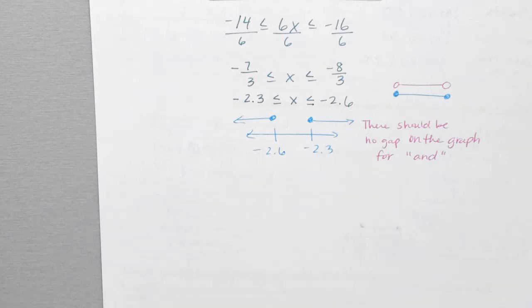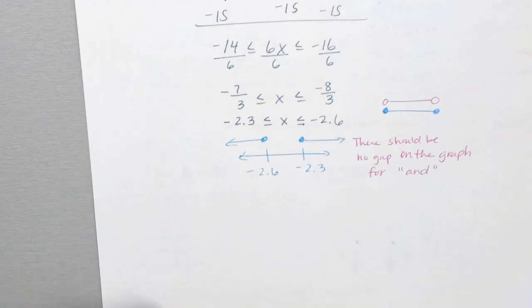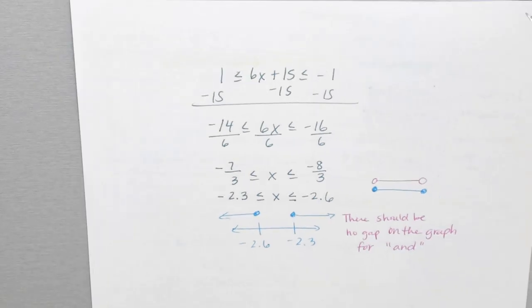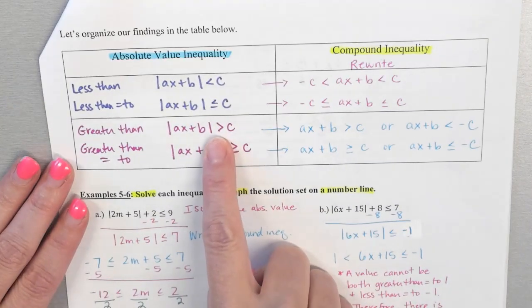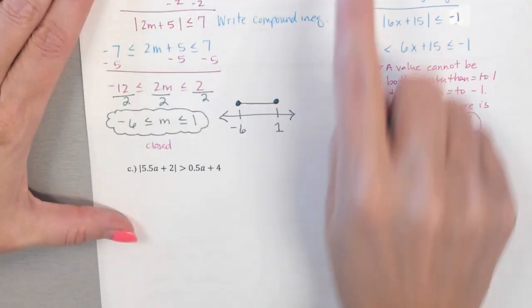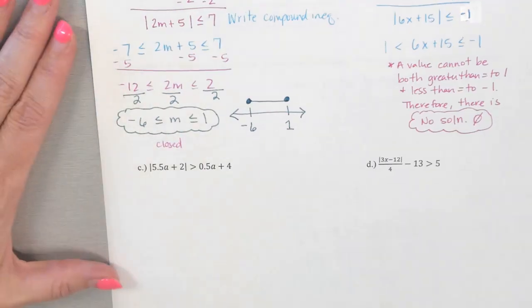All right, let's go to part C. For part C, this is already isolated. You have the greater than. So for the greater than, you're going to set up two equations.